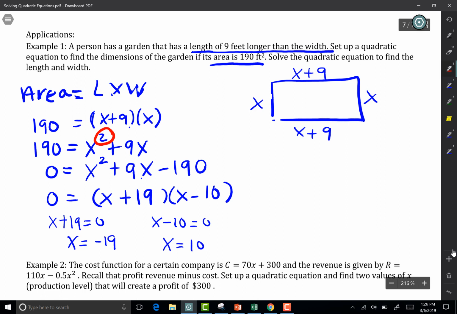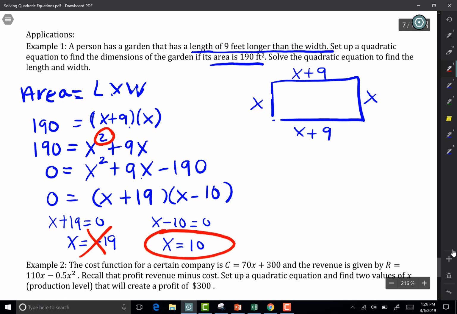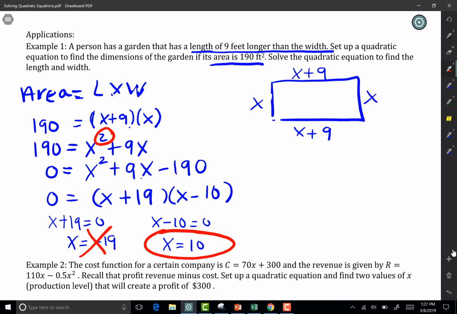Now, if we were looking at just the quadratic equation x squared plus 9x minus 190 without the context of this problem, and I asked you to solve it, you would definitely tell me the answers are negative 19 or 10. But because we're doing this in the context of a problem where x is a length, we never use negative lengths. So I'm going to cross this out as a possible answer. Because we're doing it in the context of length, our only answer is x is 10.